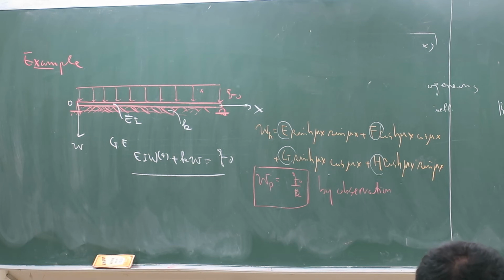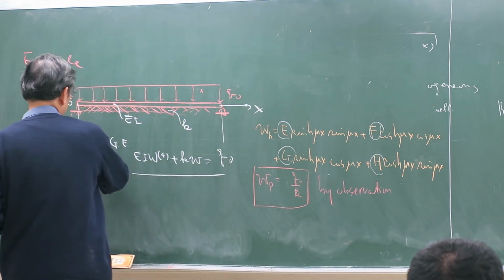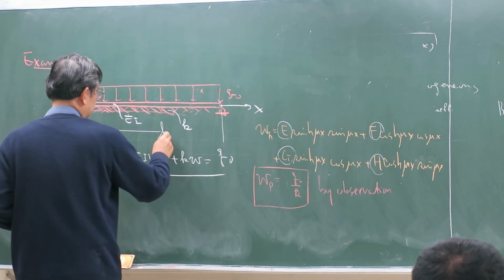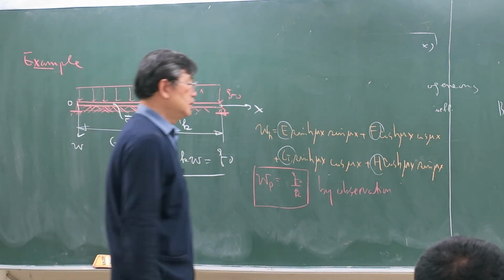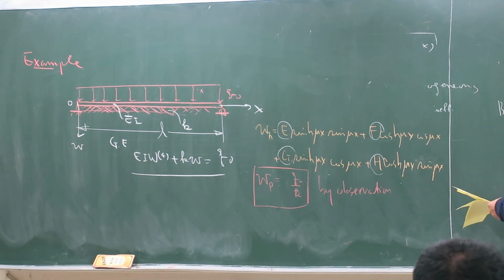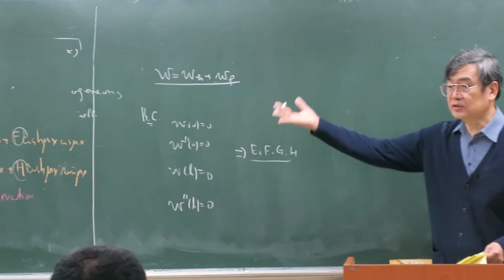W at 0 equal to 0, and the slope at 0 equal to 0. W at L equal to 0. Okay. Right. And the moment at L equal to 0. So from these 4 boundary conditions, you can determine E, F, G, H. Okay? Then you get a solution.